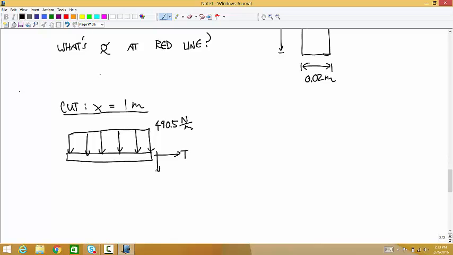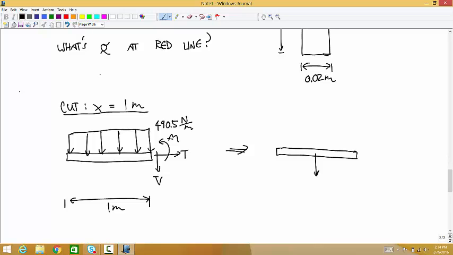They're the internal loads. And now that we've chosen the body to isolate, we can write that as a point force. We know that this is 1 meter. So you have a point force of 490.5 and internal loads.